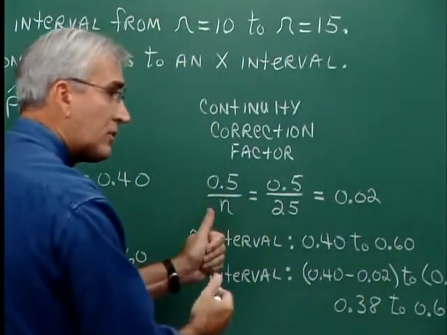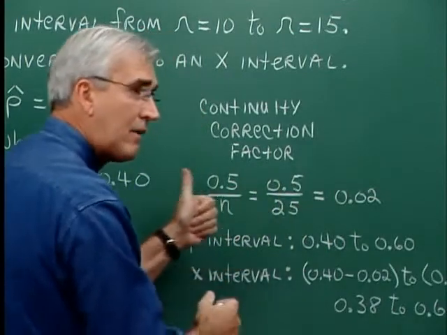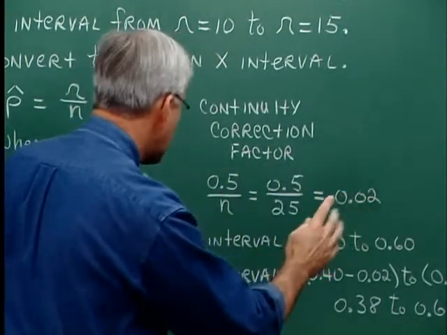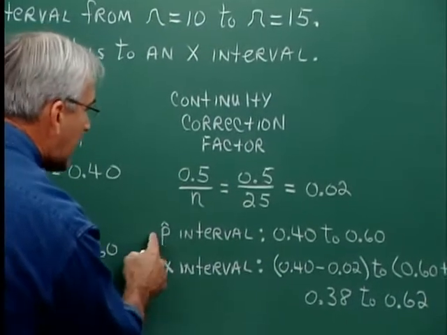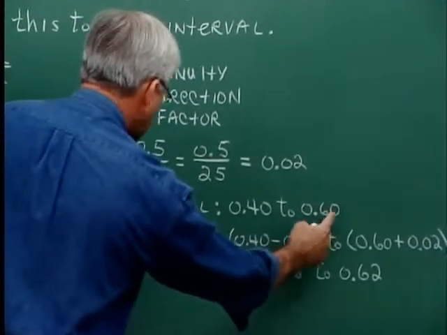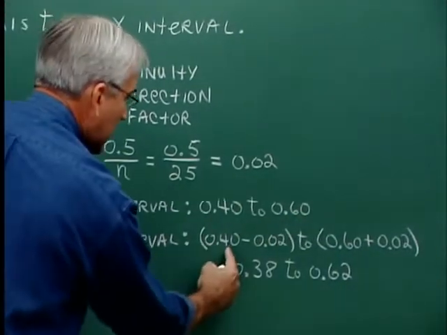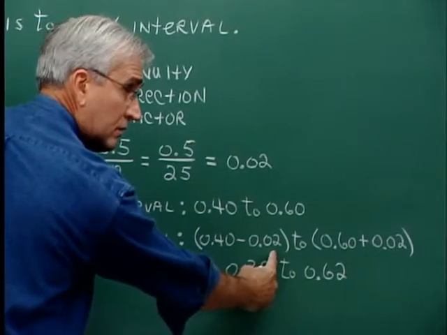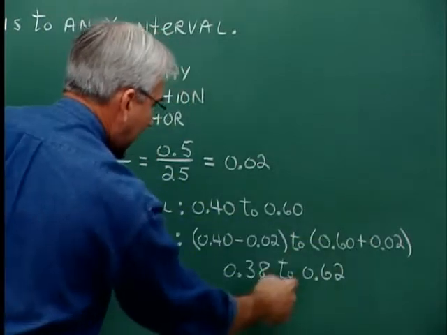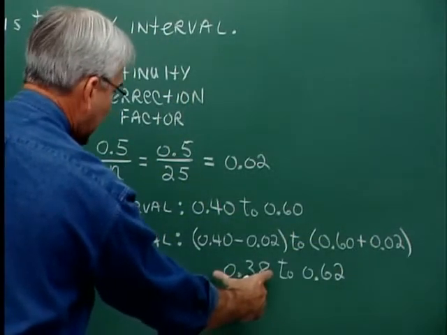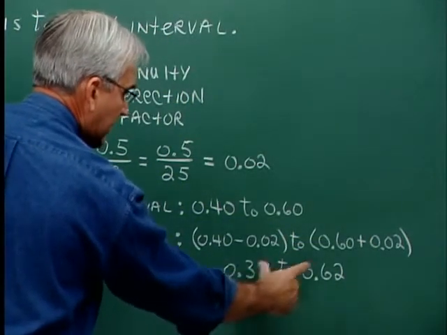So we have to subtract that from the left side and add it to the right side when we convert from p-hat to x. So the p-hat interval is from 0.40 to 0.60. The x interval is from 0.40 minus the correction to 0.60 plus the correction. So it's an x interval of 0.38 to 0.62.